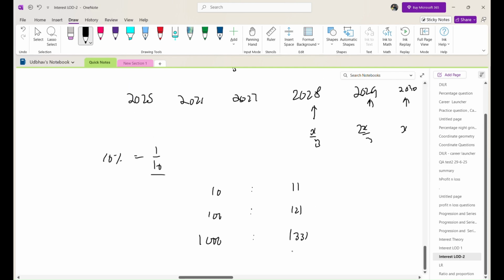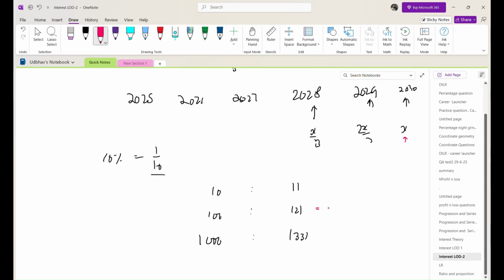So now we have to arrange these installments, because these are the amounts we borrowed and these are the installments. We have to arrange the installments in the ratio given in the question. So x equals 1331 for the third year, and the second year is 2 by 3 of x. So if x equals 1331, then for the second year 2x upon 3 will be 2 into 1331 upon 3, which comes out to be 887.33.